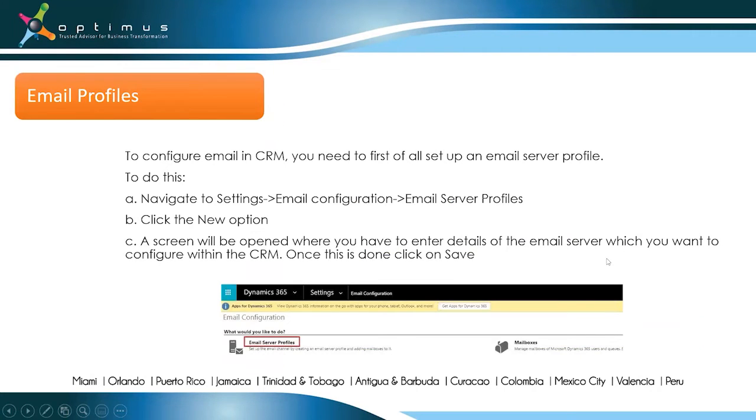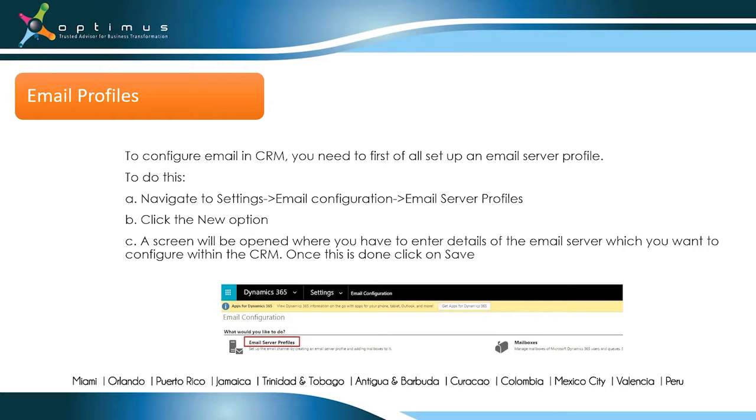The email profile. When you create your CRM instance, or when the administrator creates a CRM instance, the first thing that is going to happen is that the CRM is going to try to create a profile by default. Because usually, if you are in CRM Online, you're probably going to have Outlook Online as well.